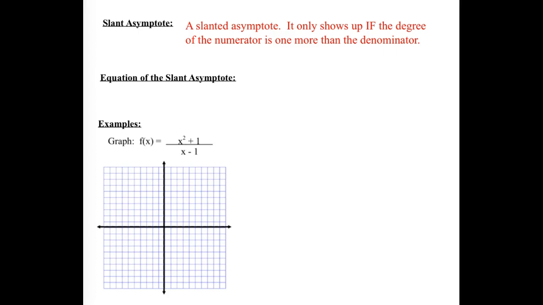It only shows up if the degree of the numerator is 1 more than the degree of the denominator. We can find the equation for that asymptote, for that slanted line, using division. Long division, synthetic division, depends on what our denominator is.